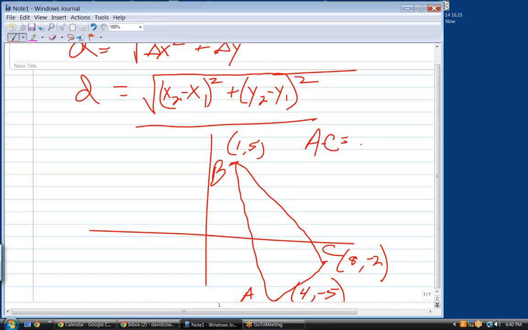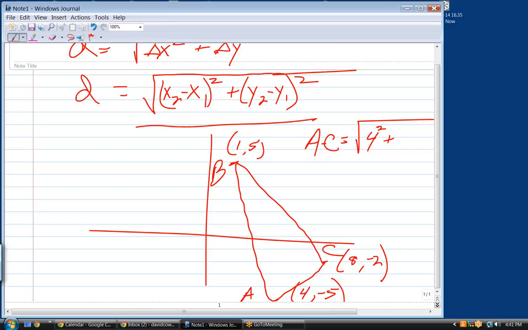Square root of what? 8 minus 4 squared plus... So that's 4 squared. It's the distance from negative 2 to negative 5. So all you need to know is the absolute distance. You don't need to know its sign.